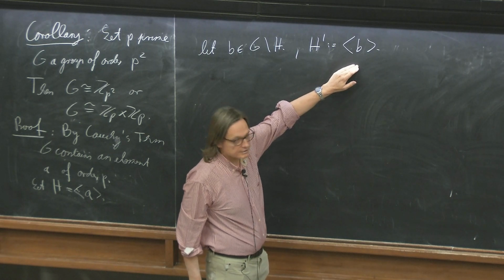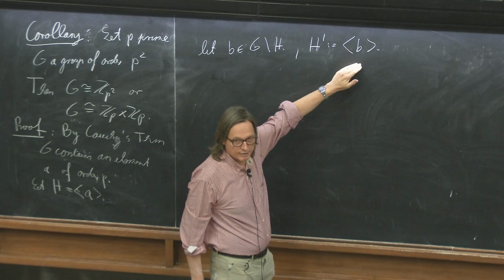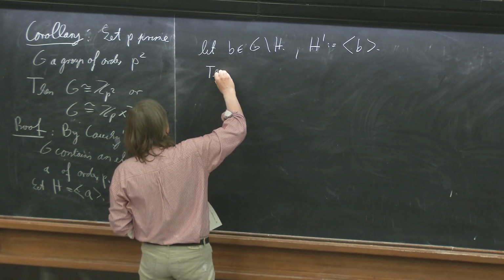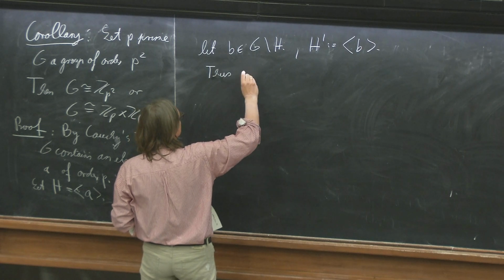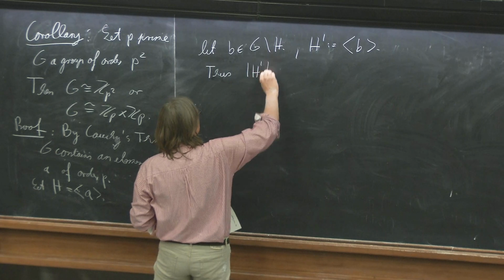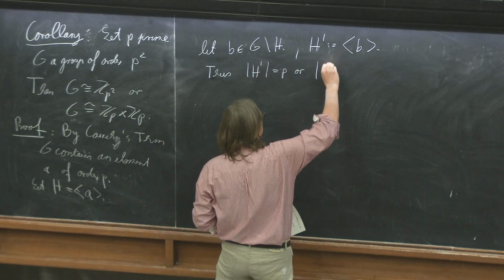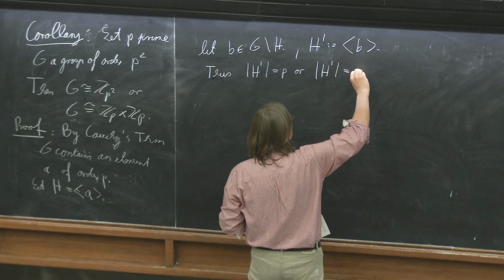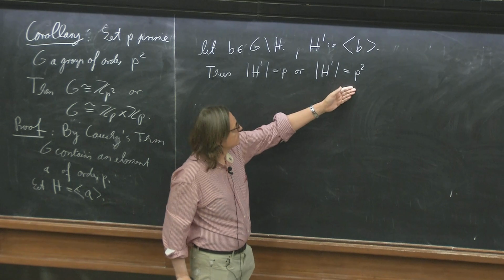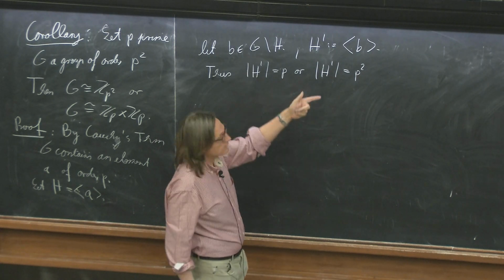So it has to have at least p elements, so it can either have p elements or p squared elements. Thus the number of elements in H prime is equal to p, or p squared. If it is p squared, it means that H prime is equal to G and G is cyclic.